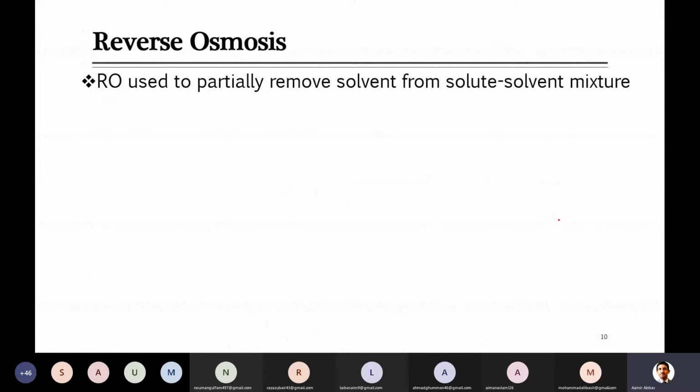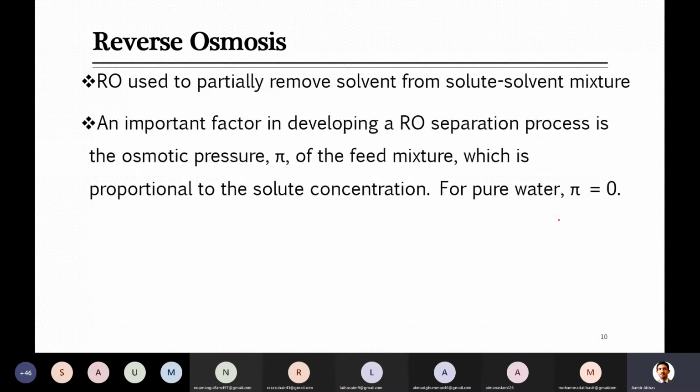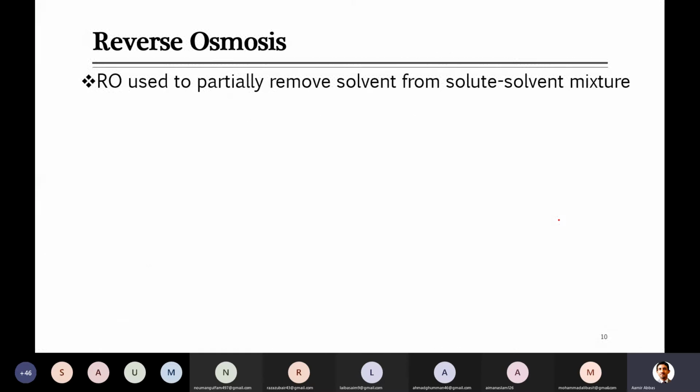So this reverse osmosis is used to partially remove the solvent from a solute-solvent mixture. I will go into detail at some other point, but just to let you know, when you are using these membranes, they are selected in such a way that they are permeable to the water, but at the same time some molecules of these salts can also diffuse through that membrane.